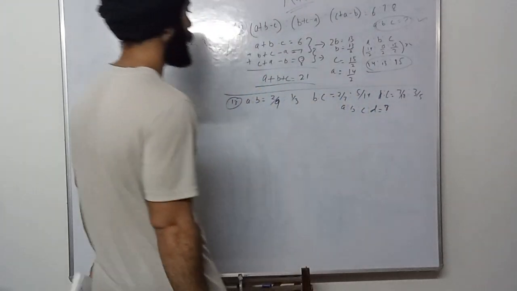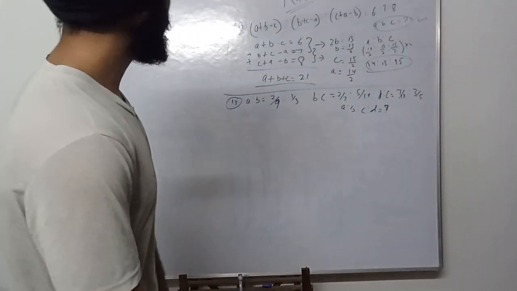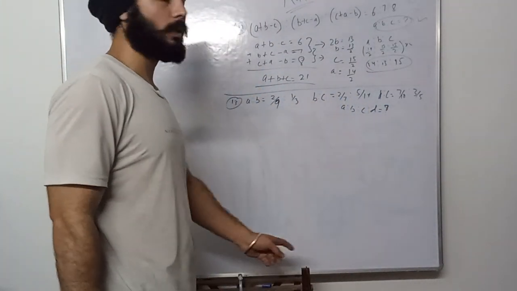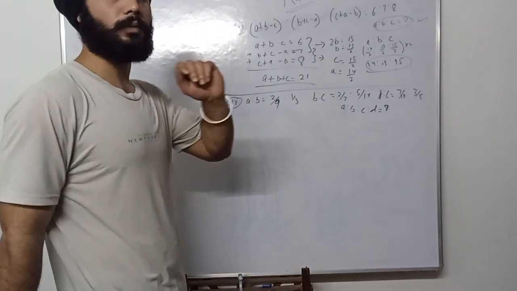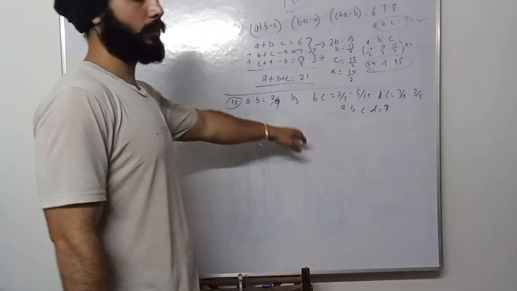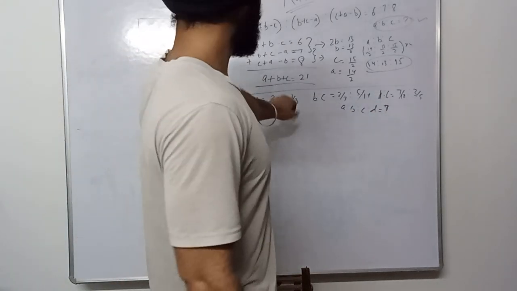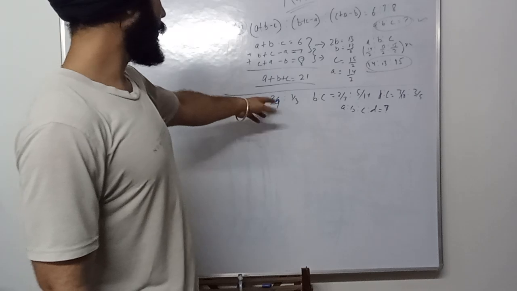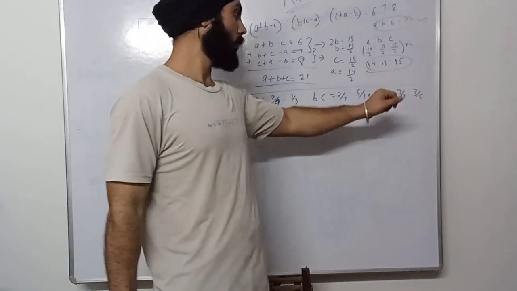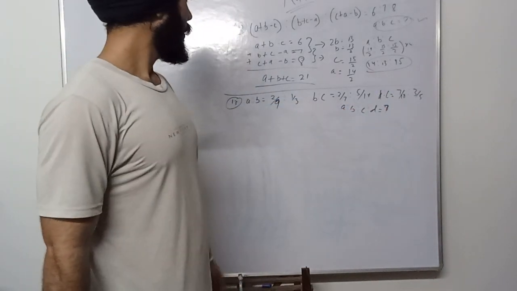So we can do it by the question number 1 formula, by this technique. But before doing this, we have to simplify it, because with fractions it is very difficult to get the exact answer. To find the exact values, we need to remove the denominators of all these equations.